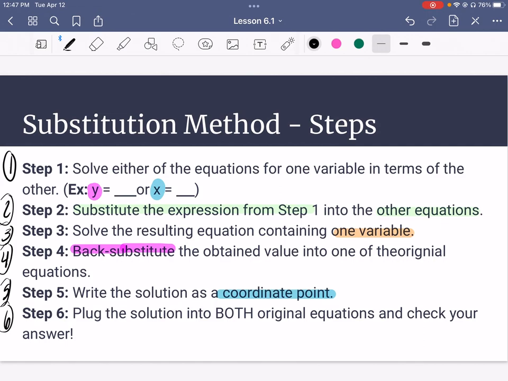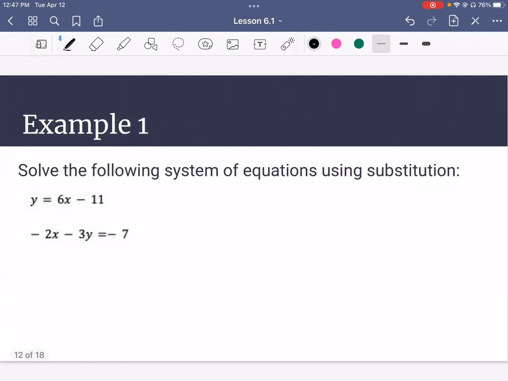Step 5, write the solution as a coordinate point, as we talked about with graphing. And step 6, plug both values for x and y into your original equations to check your answer. We're not always going to have you check, so pay close attention to the directions on each problem, but this is a really easy way to ensure you've gotten the correct answer.